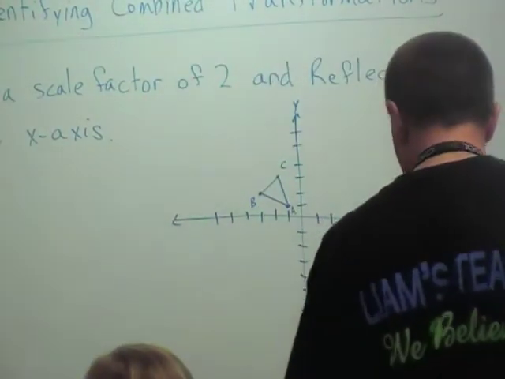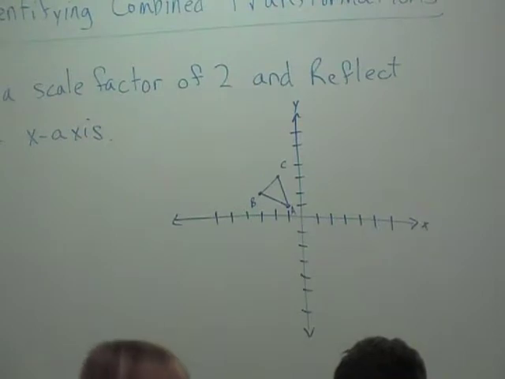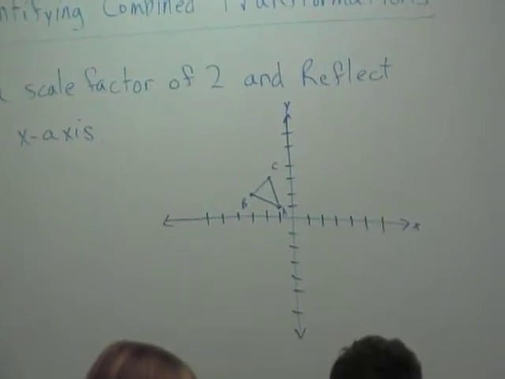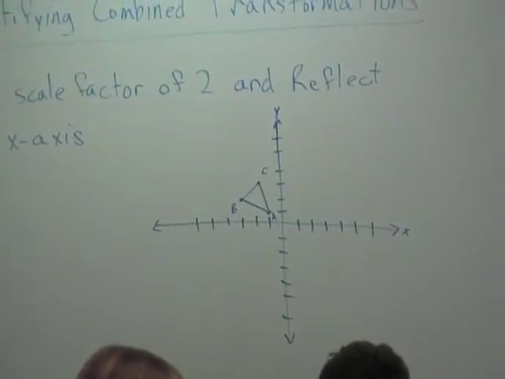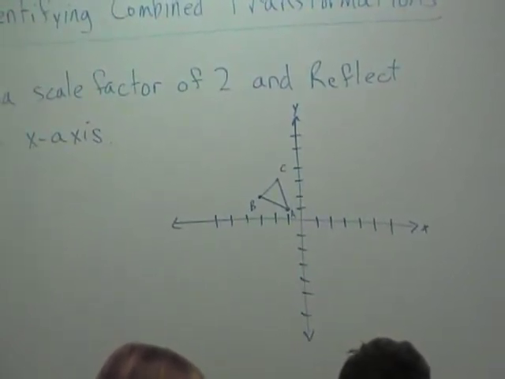Does it match that up there? Dilate it. That'll give you your prime. Then when you reflect it, it'll be a double prime. You ought to be able to do it without graphing it.